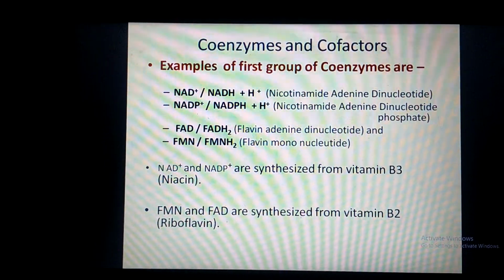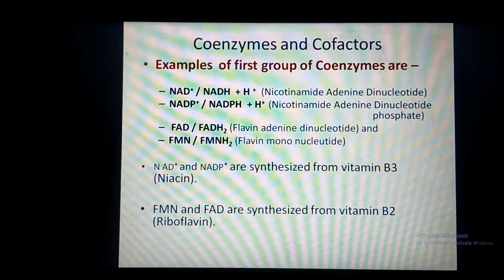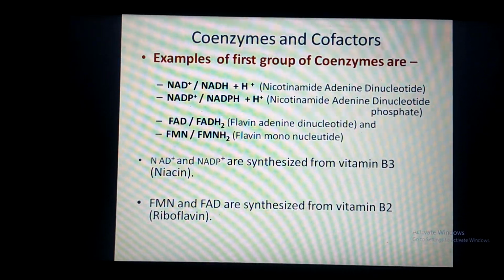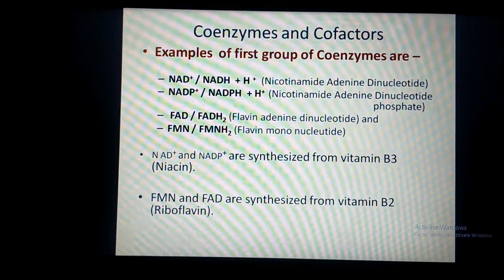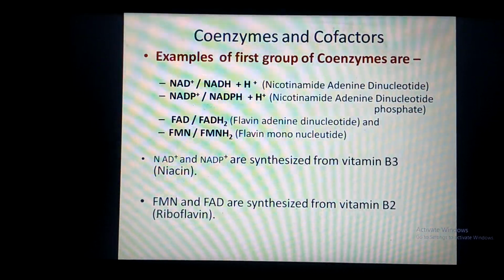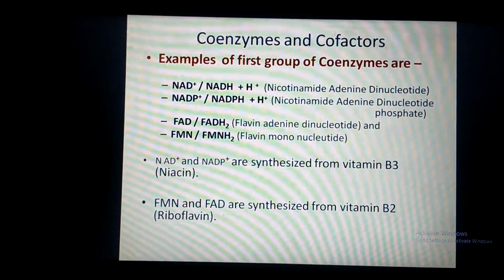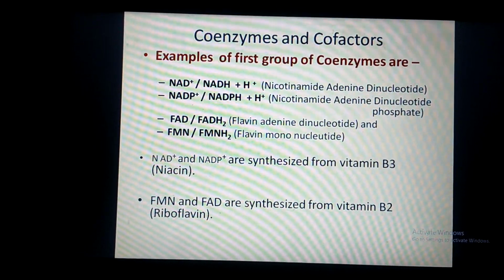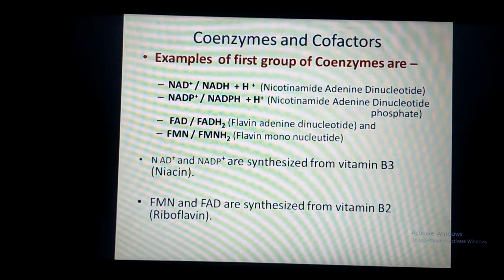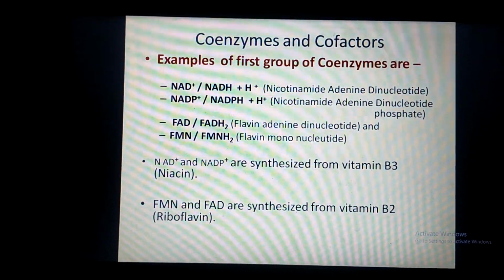So examples of this first group of coenzyme are NAD and its reduced form NADH, that is nicotinamide adenine dinucleotide, NADP and NADPH, that is nicotinamide adenine dinucleotide phosphate, FAD and FADH2, that is flavin adenine dinucleotide, FMN and FMNH2, that is flavin mononucleotide.